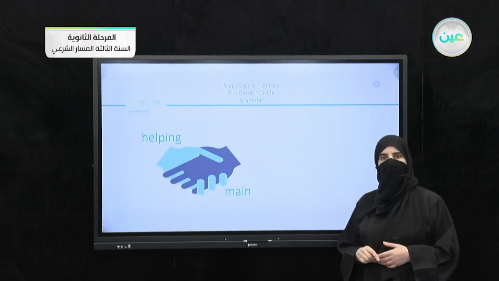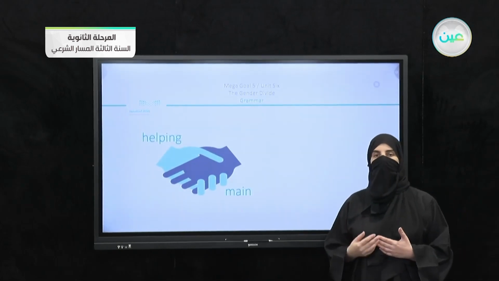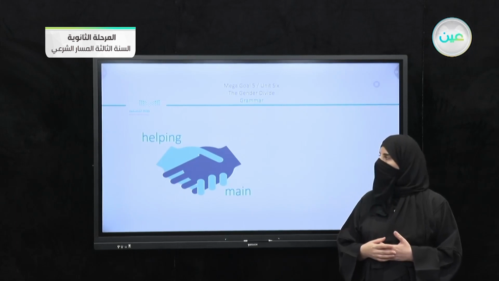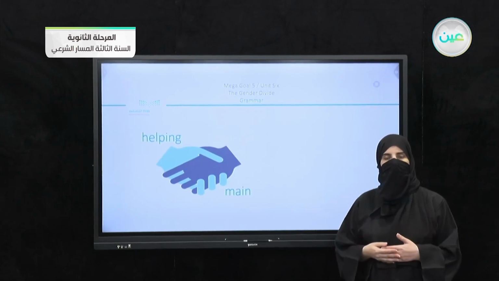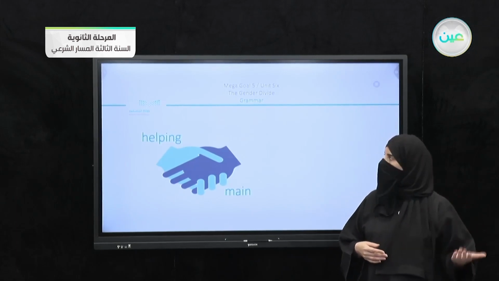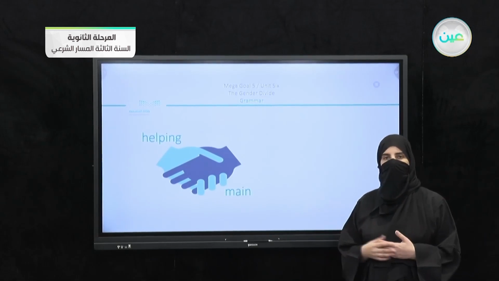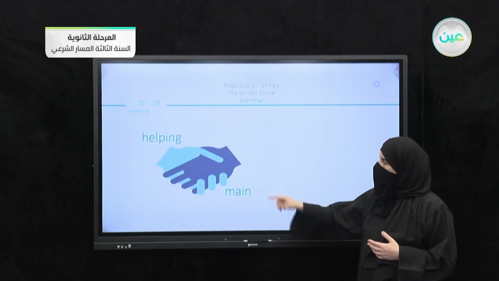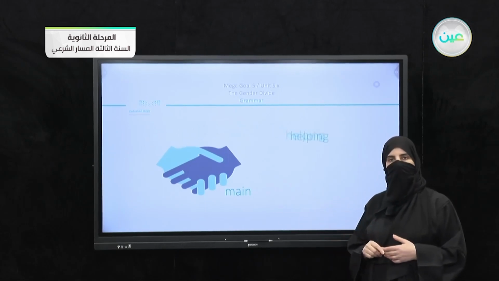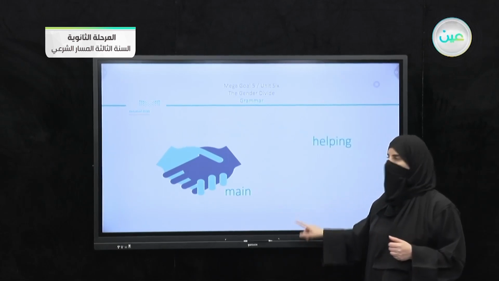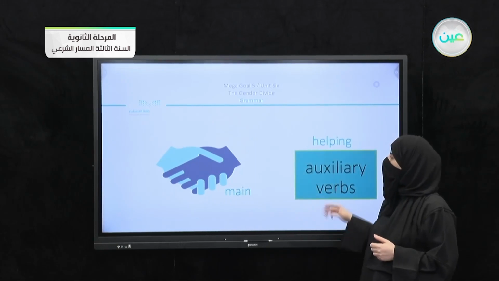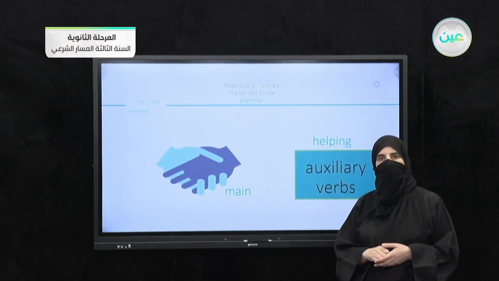To add something, since we are talking about verb to be here, we do have a relationship between the helping verb in the sentence and the main verb in the sentence. Now, when I say that there is a helping verb in the sentence, what do I mean? Basically, we have here helping verbs. They are auxiliary verbs.